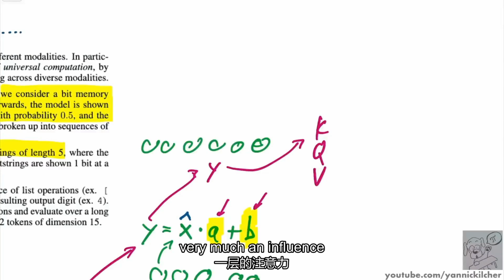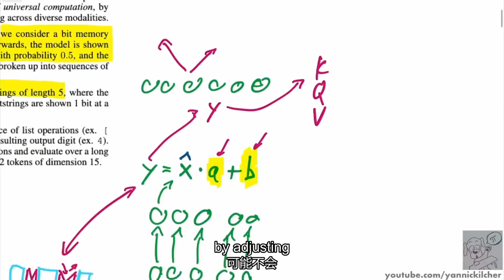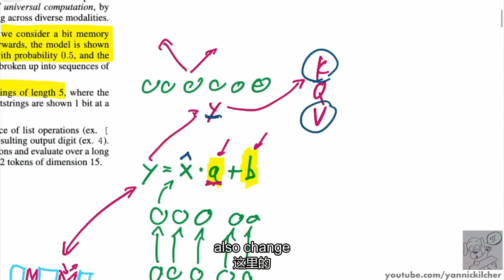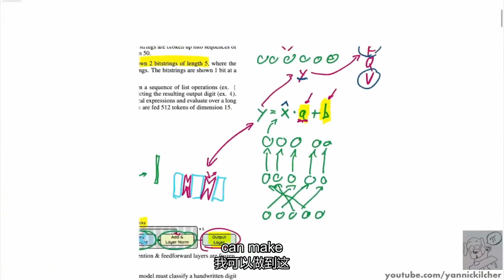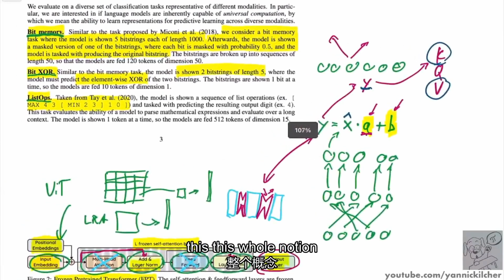So I have very much an influence over the attention in the next layer by adjusting this A. I might not have a direct influence: if I want to change something in an element in the key, an effect is that I also change something in here, because I have to change the Y as a whole. But certainly backprop will figure out some way I can make this happen.